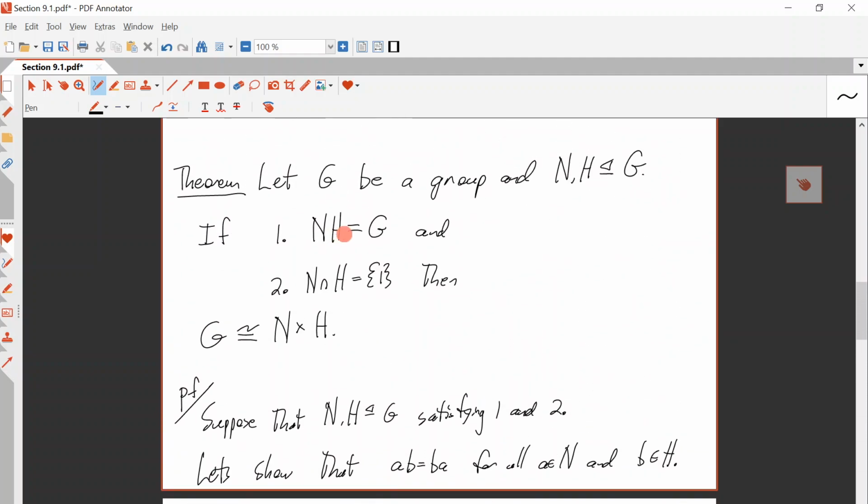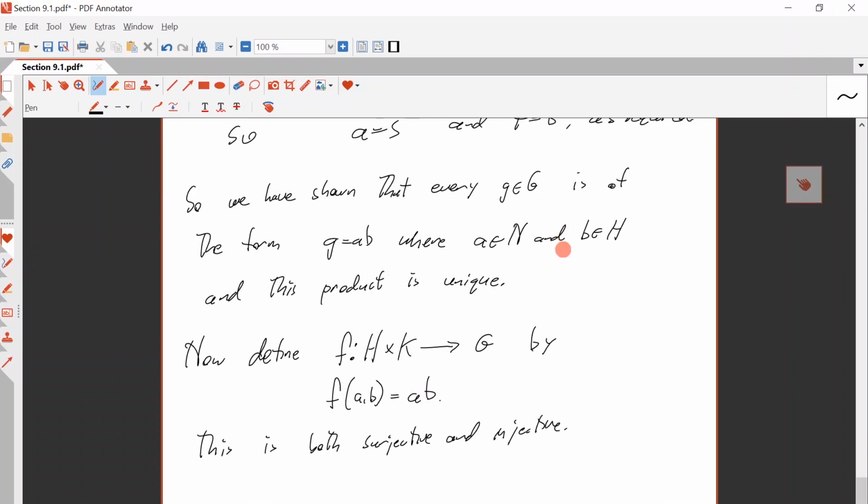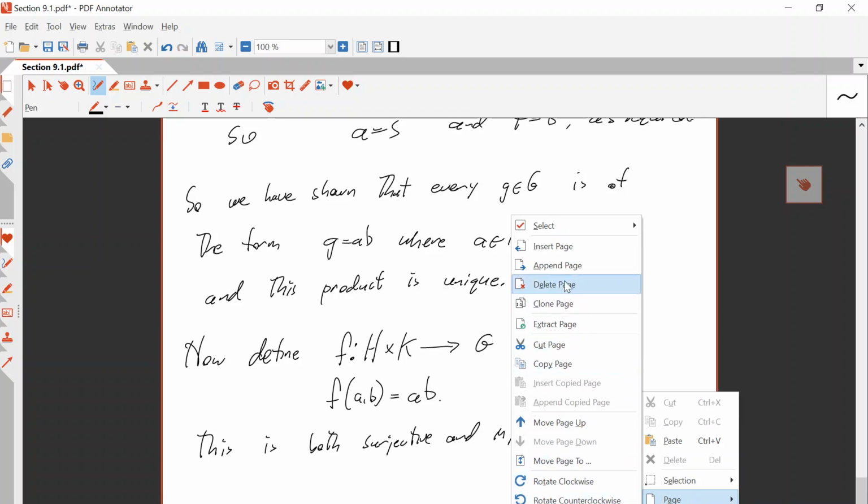Right? N times H was equal to G. So for A in N and B in H, you can find A and B for every G in G, and it's uniquely so. Right? So it's surjective because everything has this form, and it's injective because we showed it's unique. For every G in G, there's a unique A and B, such that G is equal to A times B. Now we just have to show that it's a homomorphism, and then we have it's an isomorphism.